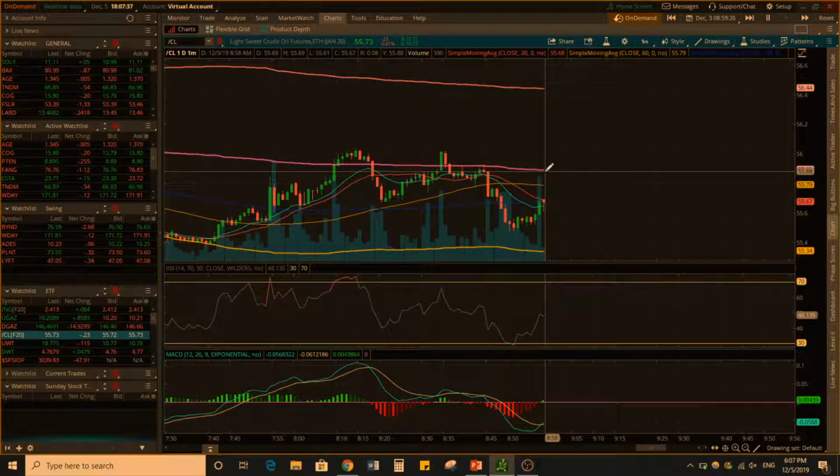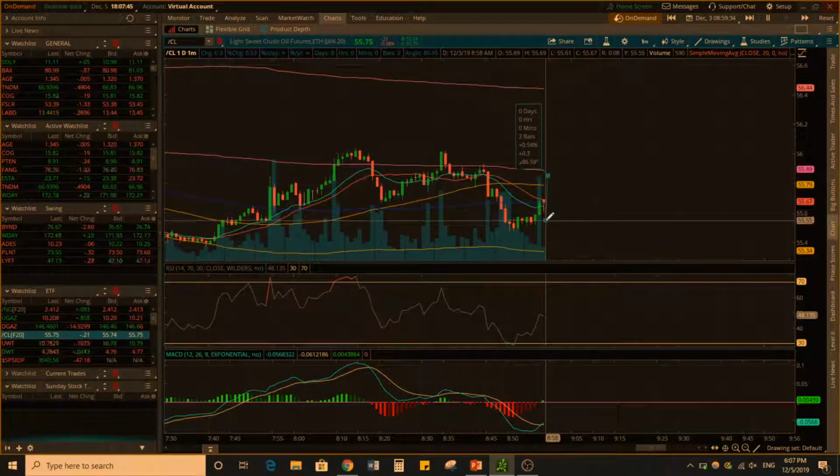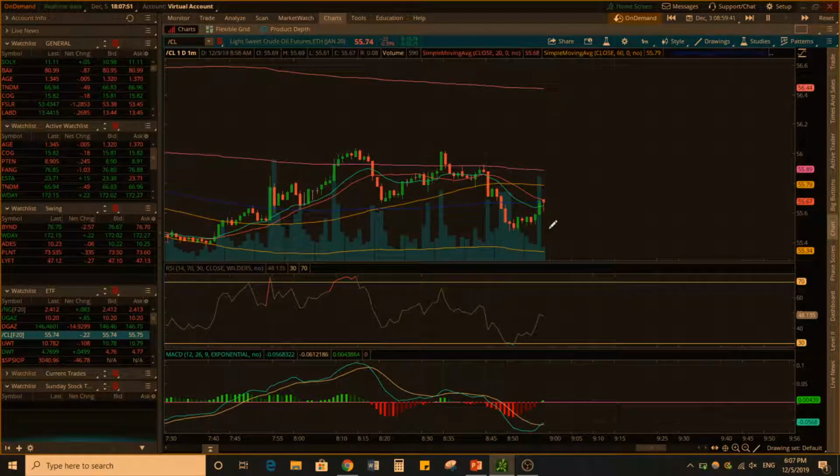I don't want to be too hasty in my decision, but that would be quite a good buy, because that's about 1.5% if it went back down to this support line here.